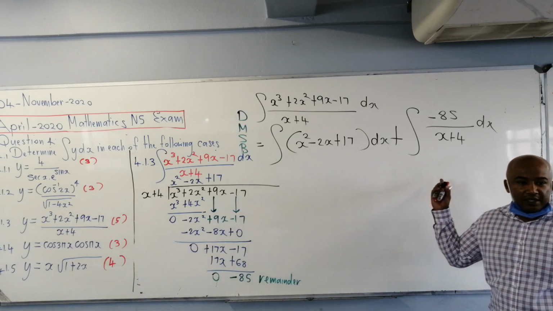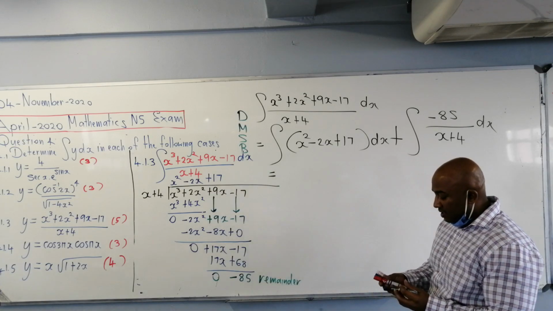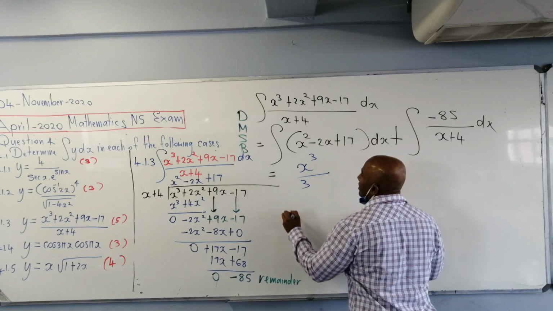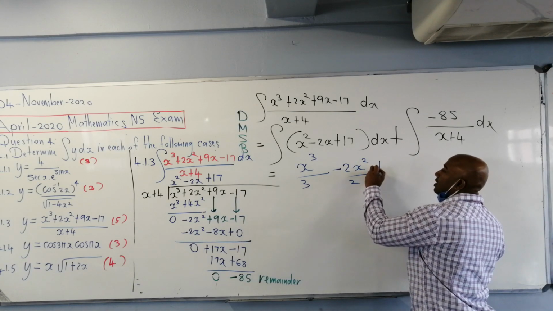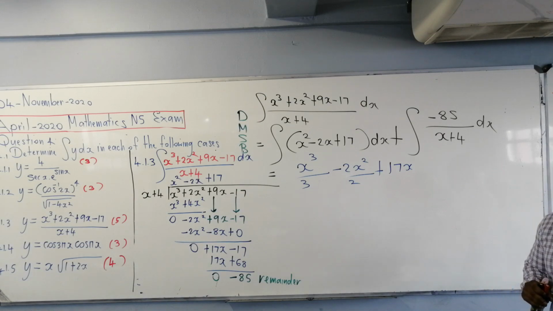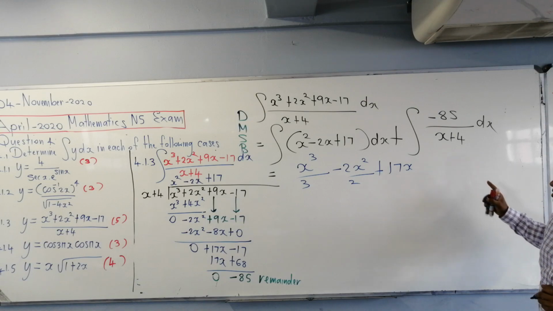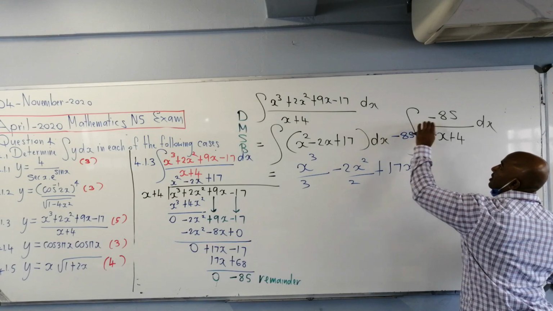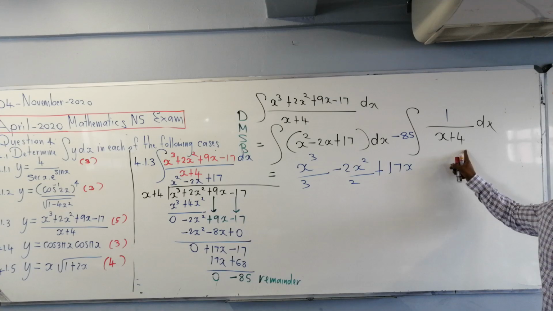Now, the last part, easy. Okay, so we integrate here. Integrate x squared. So that will be x to the power 3 over 3. Integrate minus 2x, so that's minus 2x squared over 2. Integrate 17, that will be 17x. Integrate this. Now, this is type B. So put your minus 85 here and write this as 1 over x plus 4. You see that?